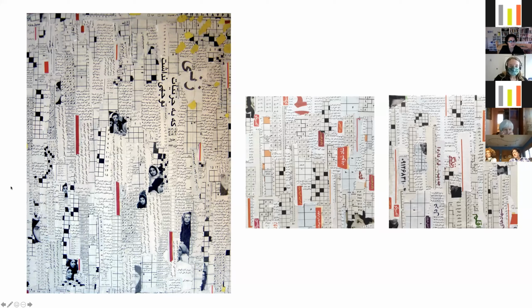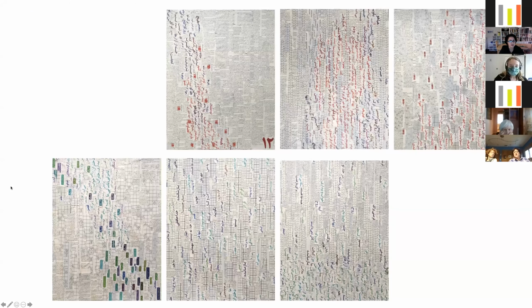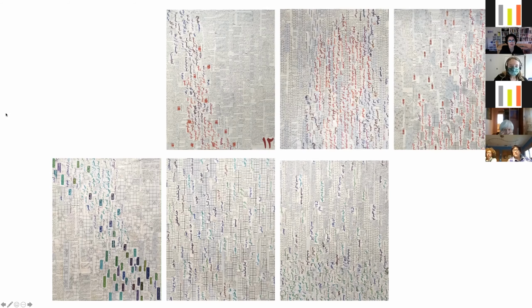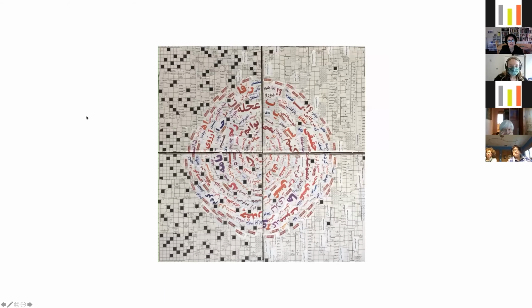So like all of the different varieties of compositions that I could make with just what I could find in magazines and newspapers, creating textures and movement, contrast with the elements that I had. And this is what you can see in the exhibition, 4 separated pieces, but when they come together, they create this circle.